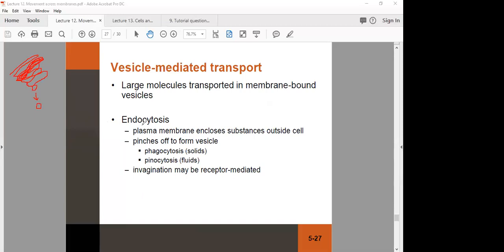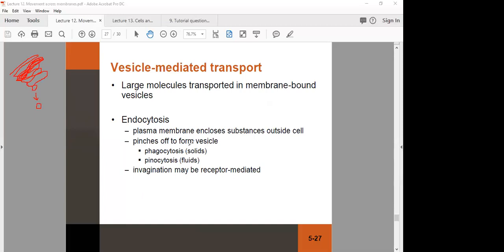All right, two broad types of vesicle-mediated transport. One is called endocytosis. So this is where the plasma membrane of the cell will actually enclose substances that are found outside the cell. And then those little bits of plasma membrane will pinch off to the inside of the cell to form that little vesicle.